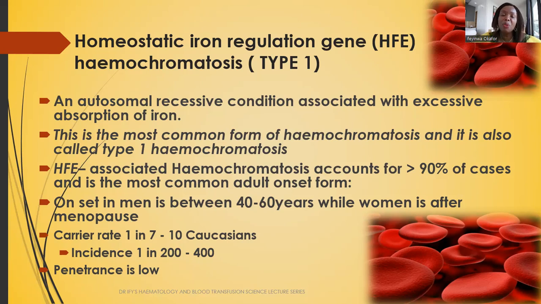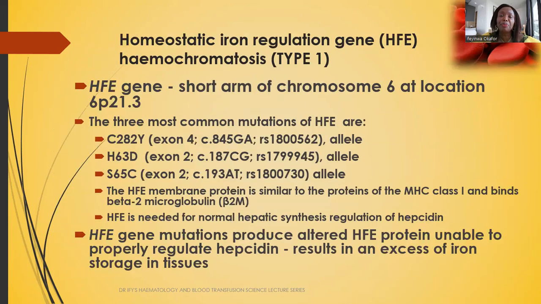Carrier rate is about 1 in 7 to 10 in Caucasians. Incidence is about 1 in 200 to 400, and penetrance is low. The HFE gene is situated on the short arm of chromosome 6 at position 21.